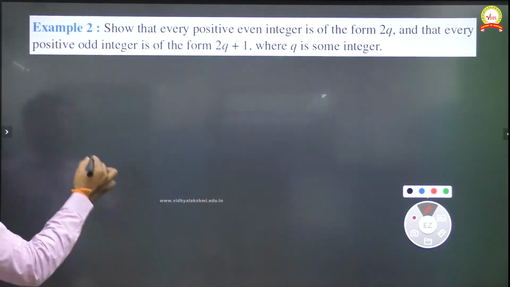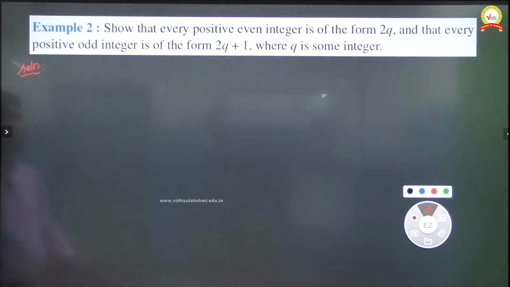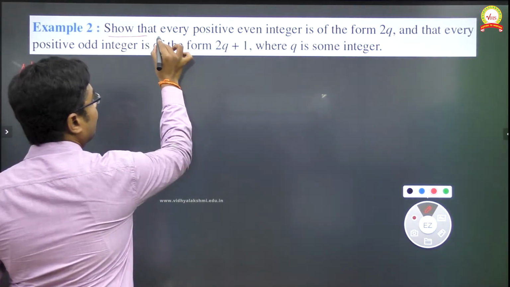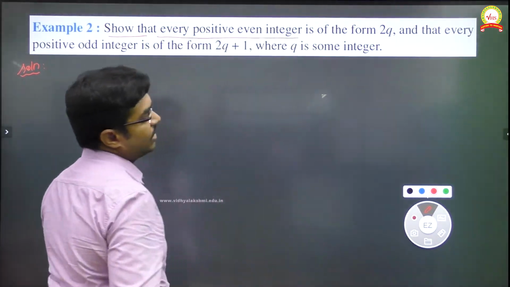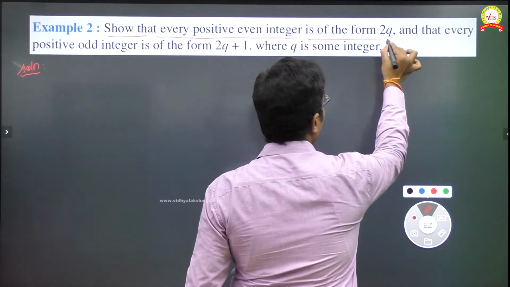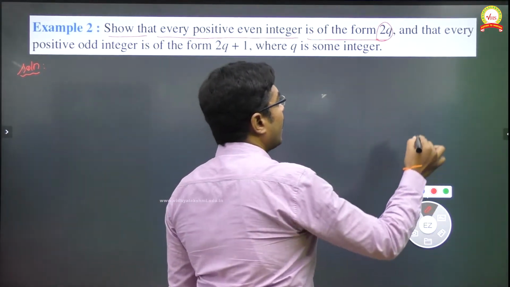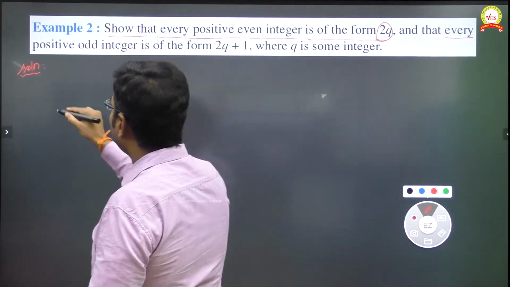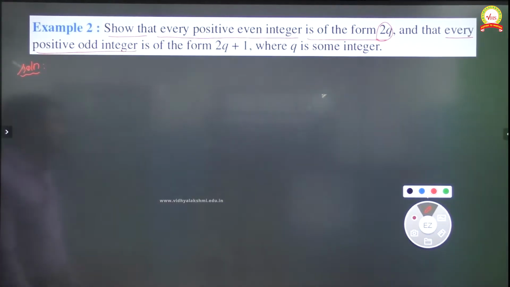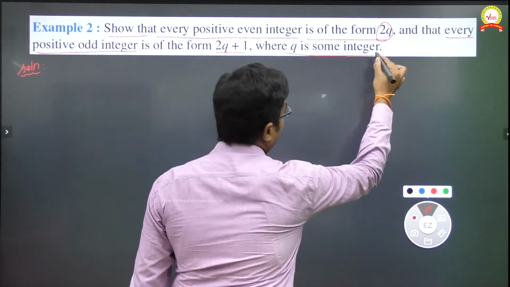Okay my dear students, so listen. Example 2. What is the question? Show that every positive even integer is of the form 2q, and that every positive odd integer is of the form 2q plus 1, where q is some integer.